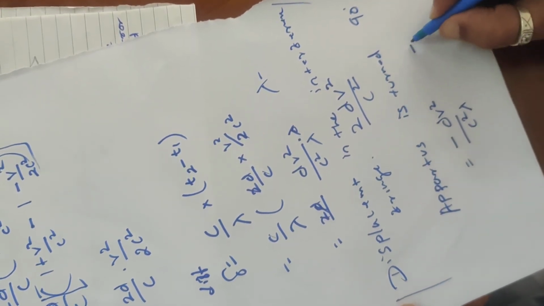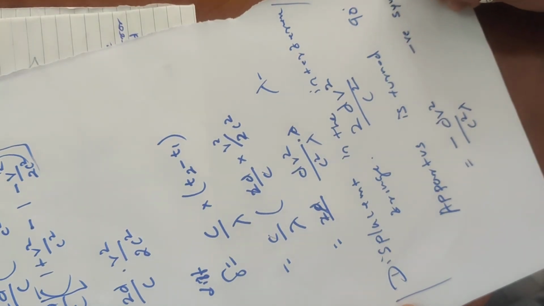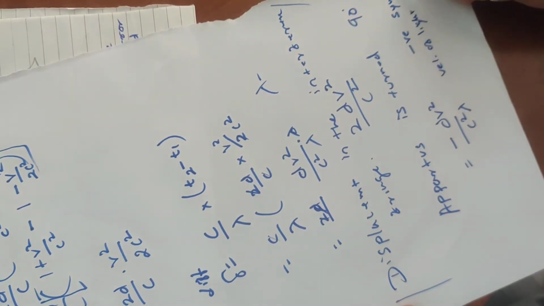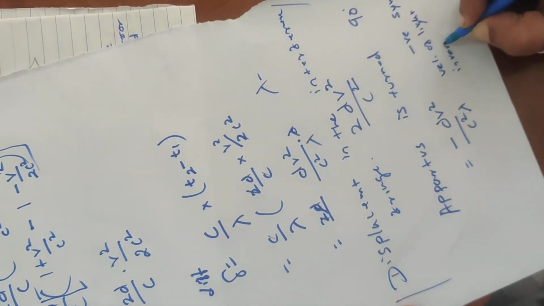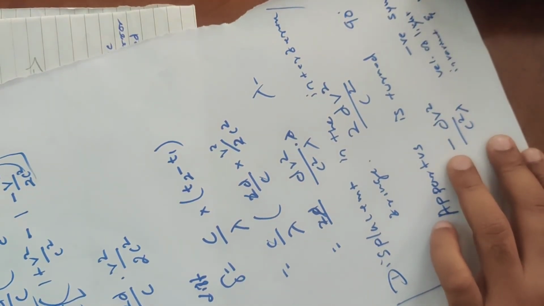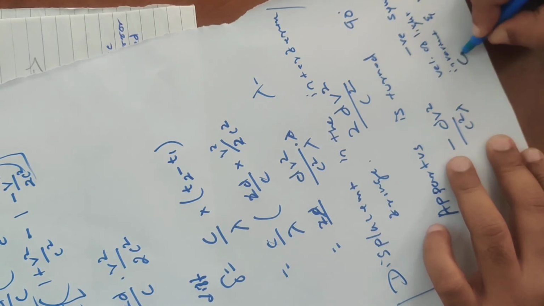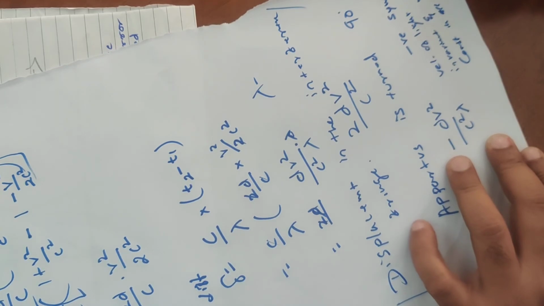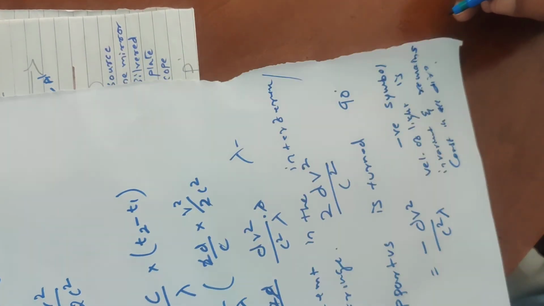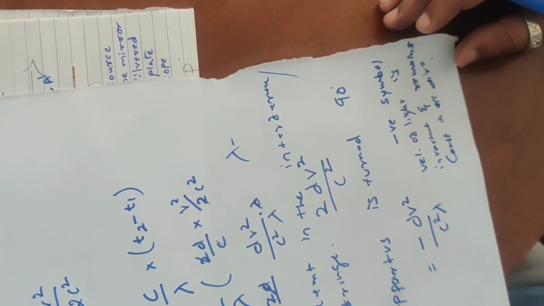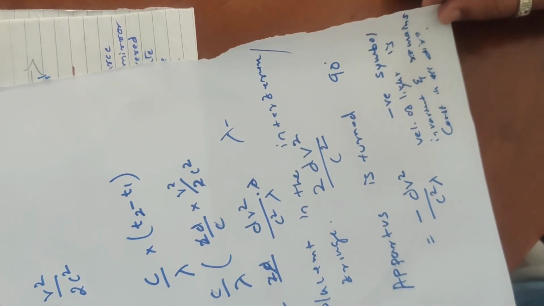So the negative symbol indicates the velocity of light is invariant and remains constant in all direction. Got it? The negative symbol indicates the velocity of light is invariant and remains constant in all direction. This is the derivation of the Michelson-Morley experiment.